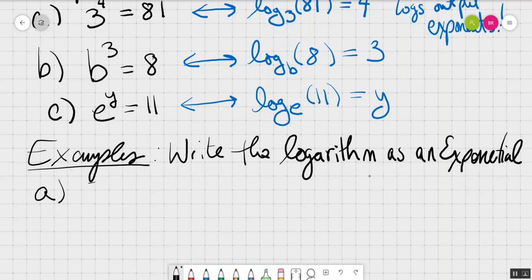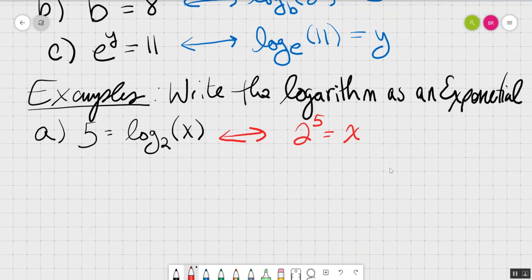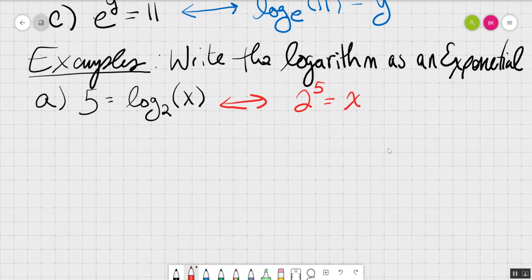Suppose we have 5 is equal to the log base 2 of x. Let's rewrite that. Base 2, when I raise it to the 5th power, will be x, because the log says, what power of 2, because that's my base, will give me x? It's 5. So 2 to the 5th is x. Remember, logarithms output an exponent.